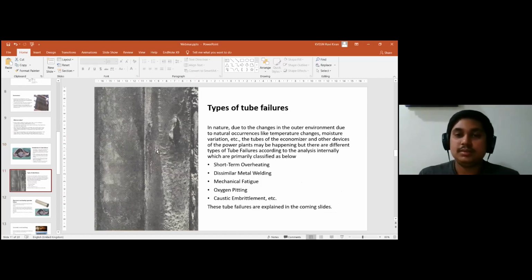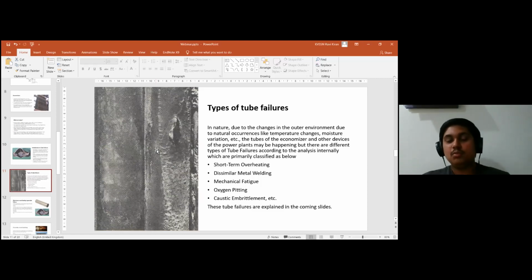Basically, tube failures can be due to natural occurrences or due to human errors while operating the power plant. But in general, most of the time we could find human errors being the cause of these kinds of catastrophes, which happen not so rarely, but quite frequently.